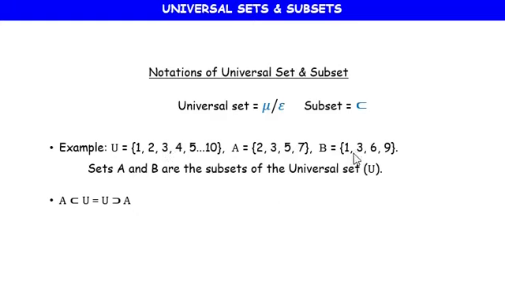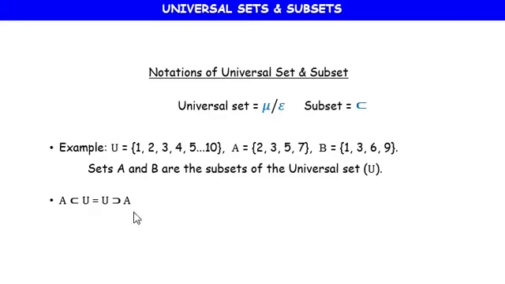Similarly, all the members in set B can also be found in the universal set. If you want to say A is a subset of U, this is how we denote it: A is a subset of U. This symbol here means subset.